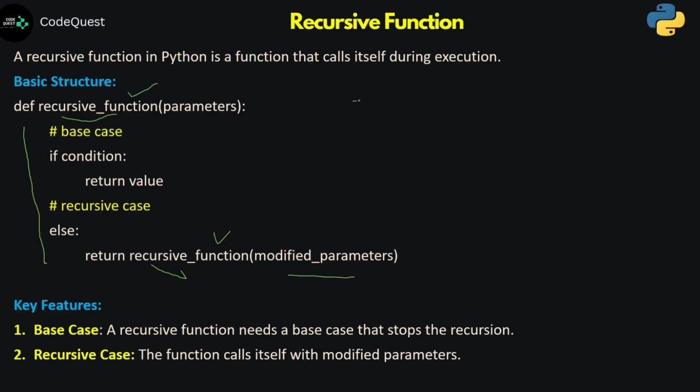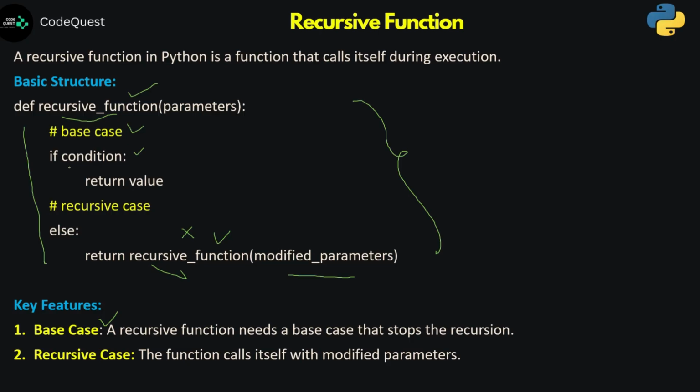Now, whenever we define a recursive function, we need to take care of two features. The very first feature is a case called base case, or this is a condition. Base case is nothing but a condition for which the recursive call will not happen.